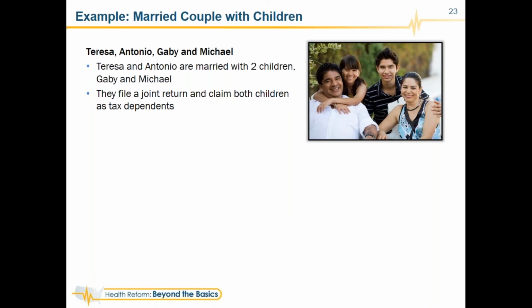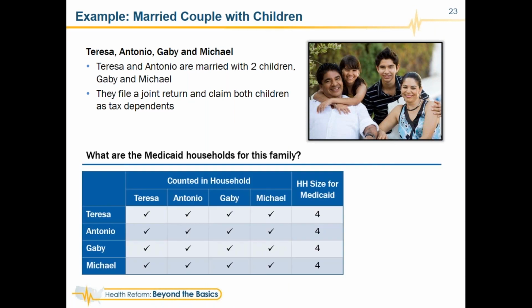Okay, we're going to go into an example. We have Teresa and Antonio, who are married, and they have 2 children, Gabby and Michael. They're going to file their tax returns together, and they're going to both claim their children on their taxes.